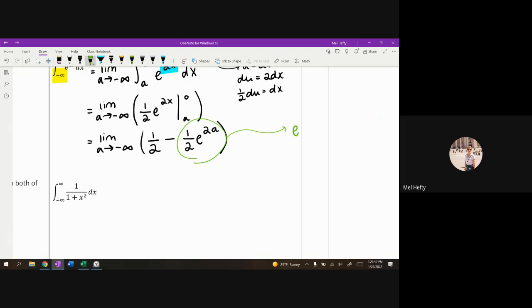I'm going to look at the e to the 2a, and I'm going to see what happens if I plug in negative infinity to that. Notice that this work is off to the side. It's not part of my problem. This is just me investigating in some not notation worthy work. 2 times negative infinity, still pretty big, still pretty negative.